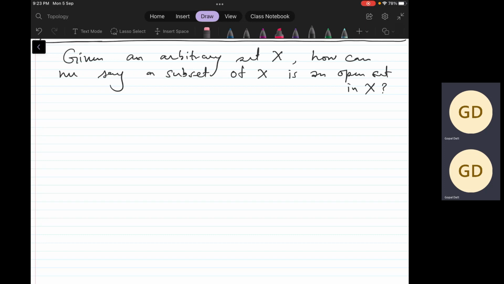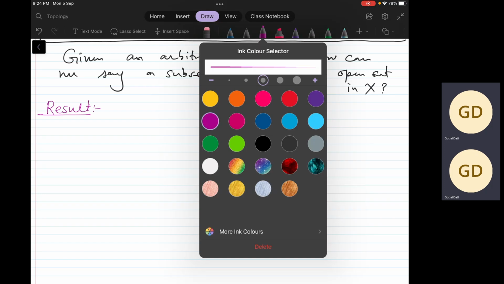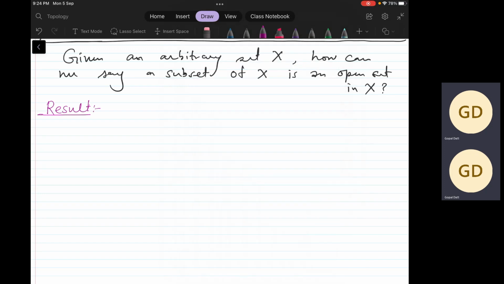For this, let us recall a result from metric space. You all know this result, so I will not prove it.